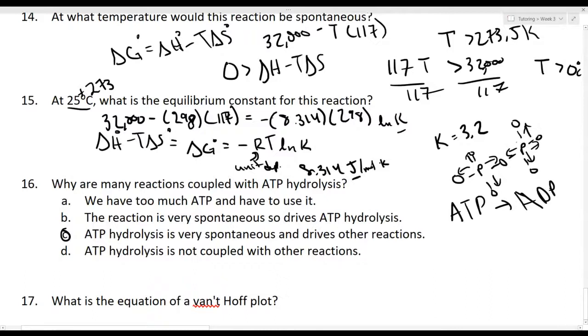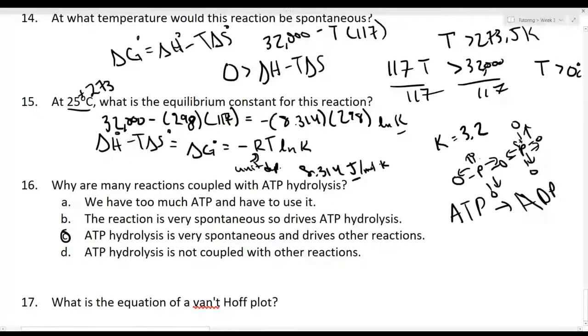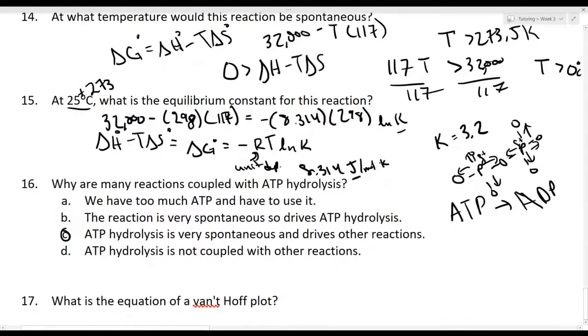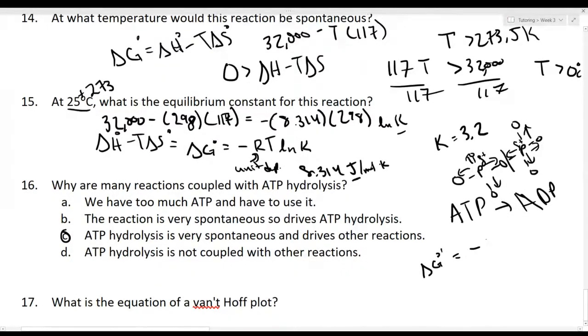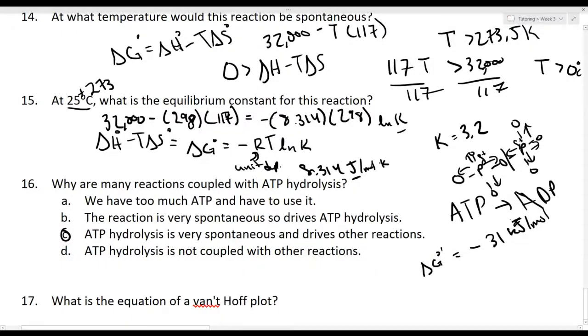And so these phosphoruses are both really, really positive, and so this bond wants to break badly. And it wants to break so badly that its delta G not prime, so the delta G in a standard biological system, is somewhere around -31 kilojoules per mole, which is like a ridiculous amount. That's very, very spontaneous, okay? And so it drives a ton of other reactions really easily, okay?